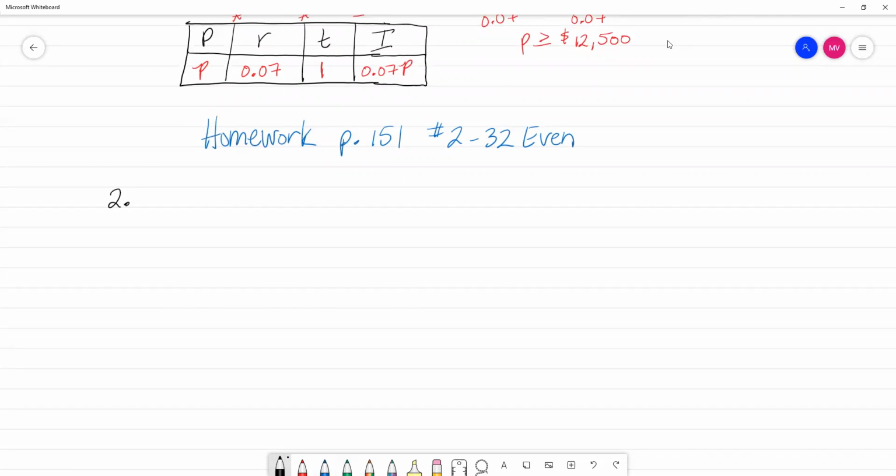Okay, so number 2. So 2, 4, 6, and 8, it wants you to solve and graph the solution to each of the following inequalities.